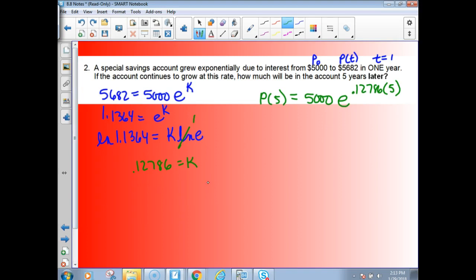Did I write it down wrong? What number is this? This is number 2. I'm just going to look at my notes. I had 0.1279 when I did it the last time.